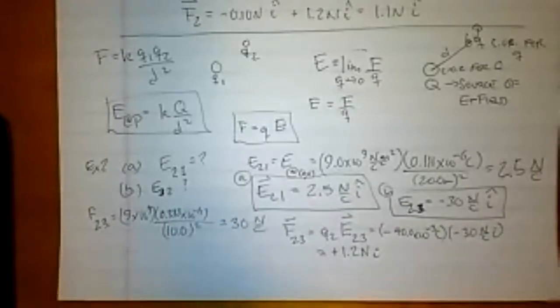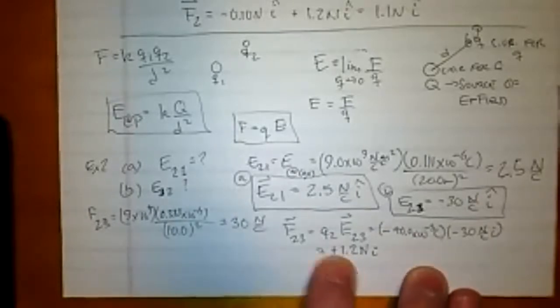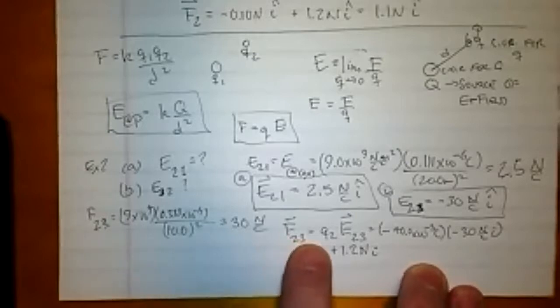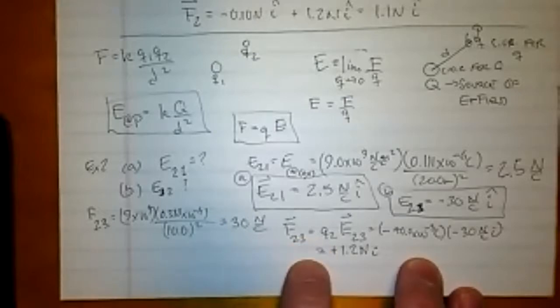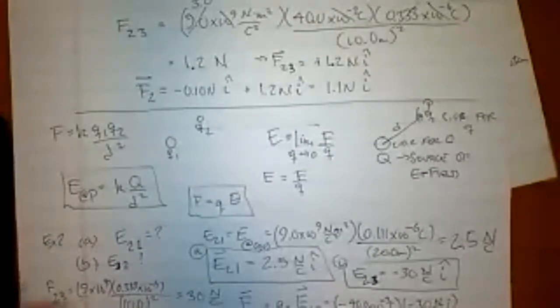Now, I said you need to compare that according to Coulomb's law. Well, guess what? We already did that for Coulomb's law. The force on 2 due to 3 is the same as the force on 3 due to 2 by Newton's third law, right? For every action, there's an equal but opposite reaction. So if I look up here, F23 is 1.2 newtons. So we see that is exactly consistent with Coulomb's law.